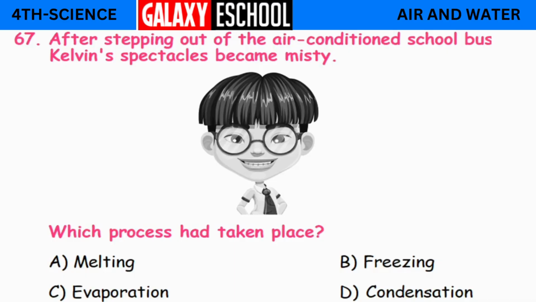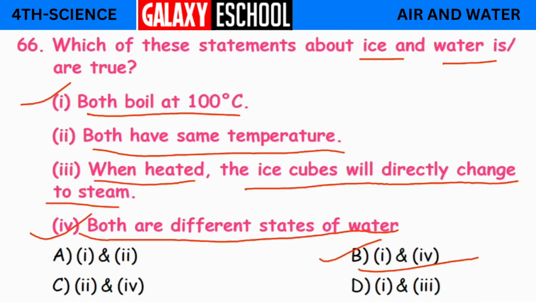As we see, when we take a glass of cool water out of the fridge and keep it aside on the table, after some time you can see some water droplets coming out on the outer surface of the glass. The same happened here to the glasses. Why has this process taken place?